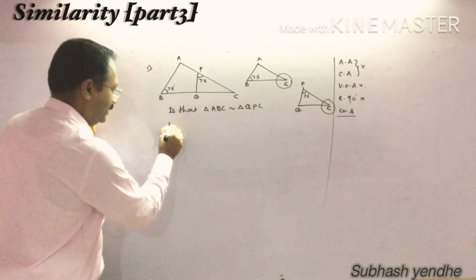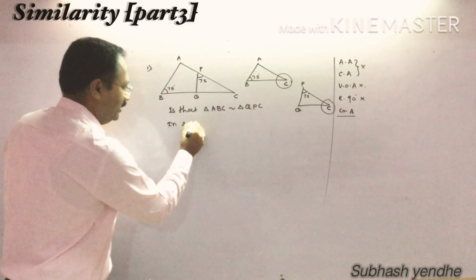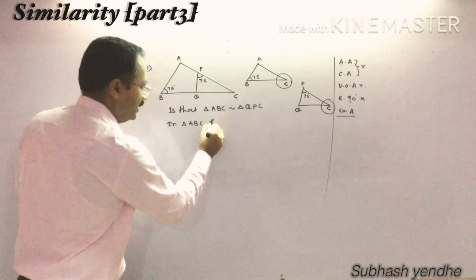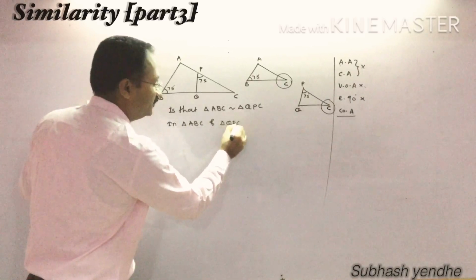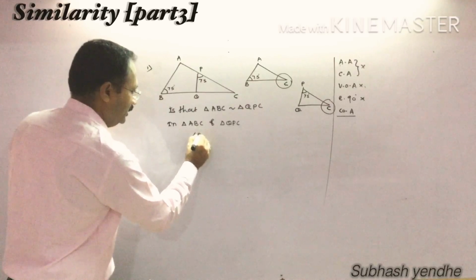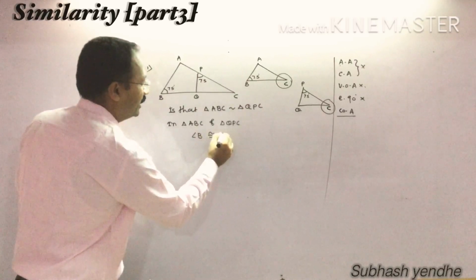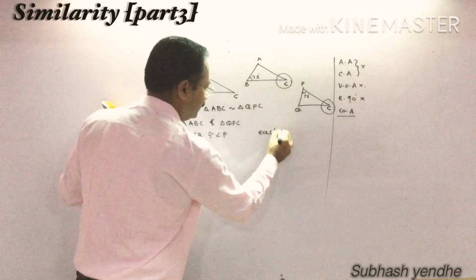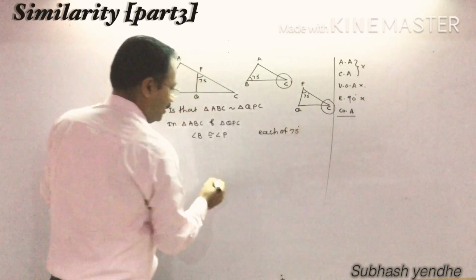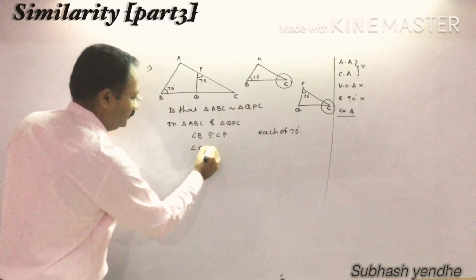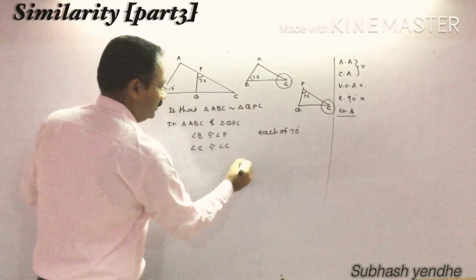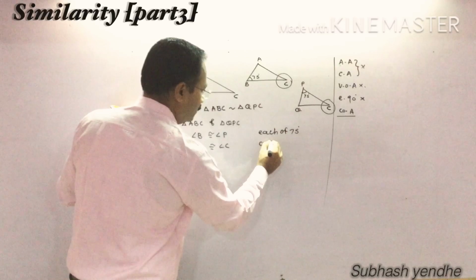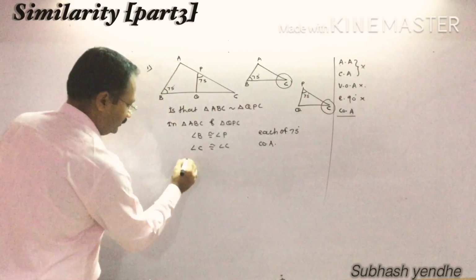Therefore I can write it in triangle ABC and triangle QPC. Angle B is congruent to angle P because each of 75. And then angle C is congruent to angle C. This is called a common angle.